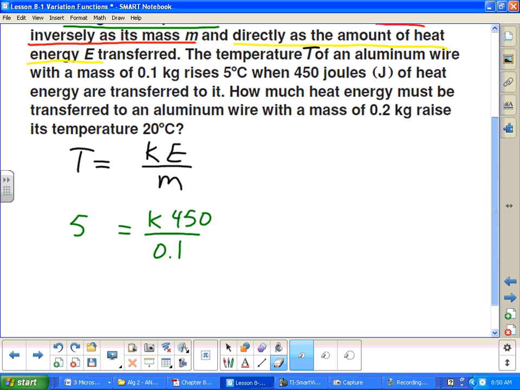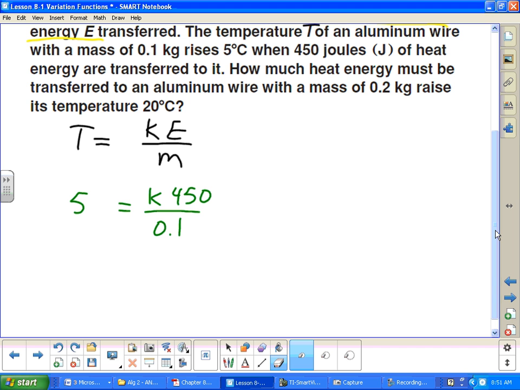It doesn't matter, so whichever way you're comfortable doing it, you can do it that way. I was going to multiply by 0.1 first, so that gives me 0.5 equals K times 450.